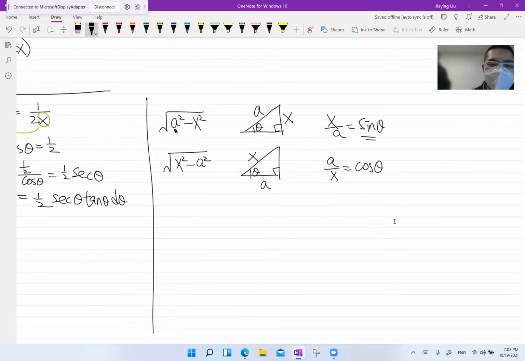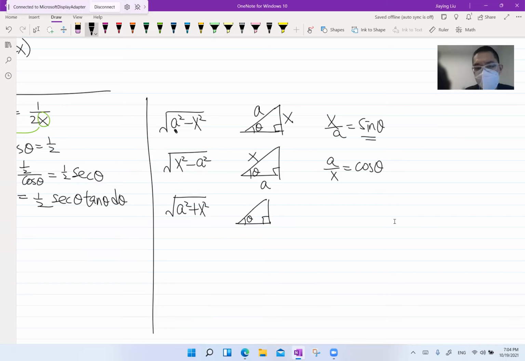So that's the setup. Now the last one is if you have a squared plus x squared or x squared plus a squared, doesn't matter. In this case, it's not subtraction, it's addition. It's kind of like a squared plus b squared equals c squared in the Pythagorean theorem. So the a and the x have to be on the adjacent and the opposite sides.